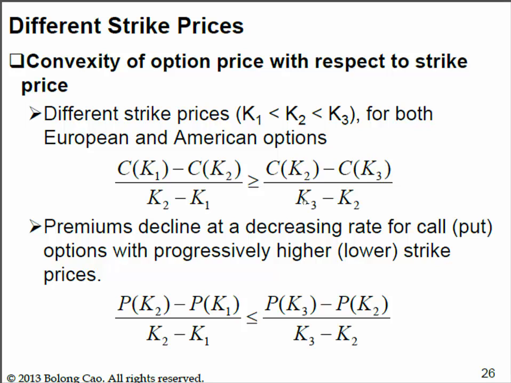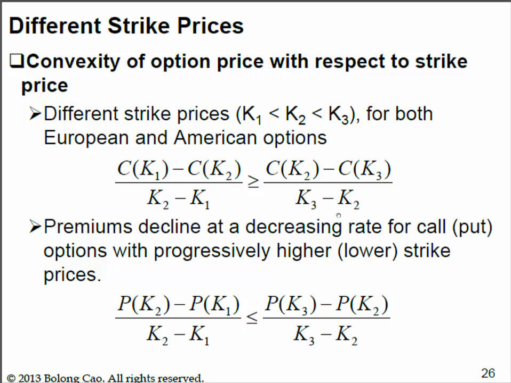We have this inequality. It says basically the change in the call premium as a portion of the change in the strike prices, in the lower premium range, is higher than the change in the call premium when the option strike price level is higher, K3 minus K2.